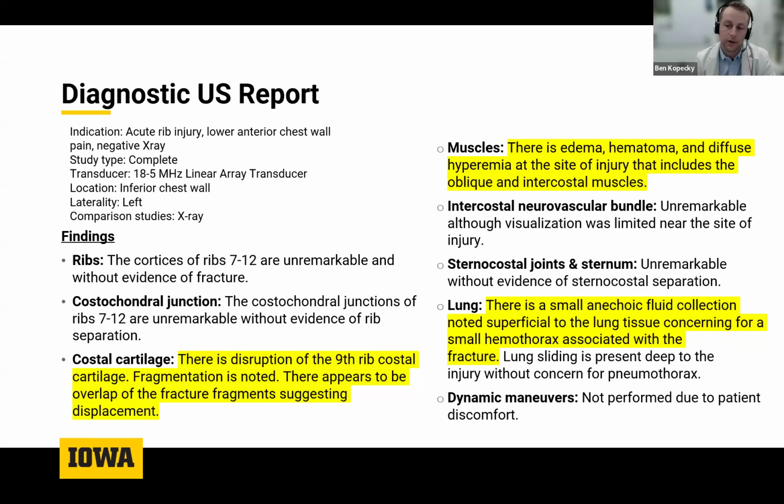So we saw a disruption of the ninth rib costal cartilage with fragmentation and overlap of the fracture fragments, suggesting displacement. There was edema, hematoma, and diffuse hyperemia at the site of injury that included the oblique and intercostal muscles. And there was a small anechoic fluid collection noted superficial to the lung tissue concerning for a small hemothorax associated with the fracture.